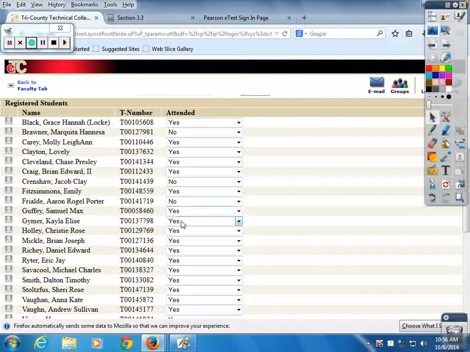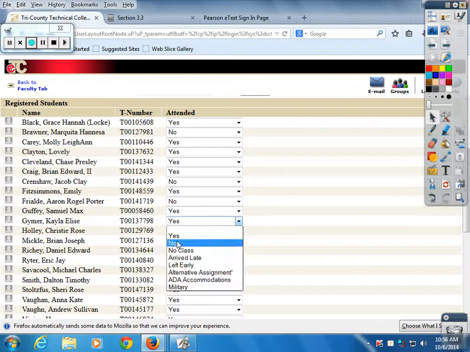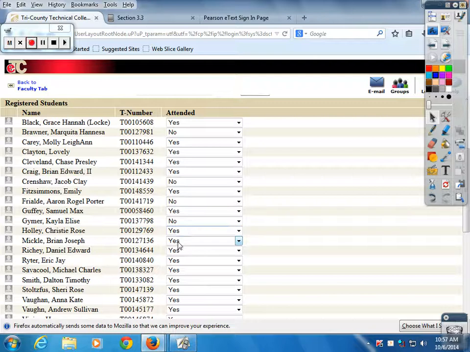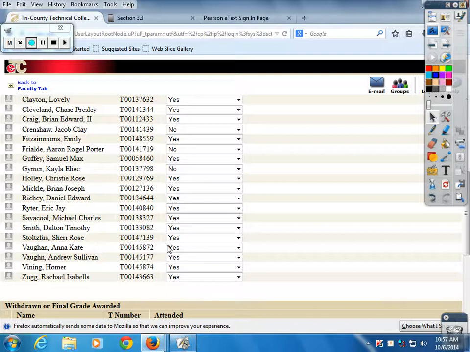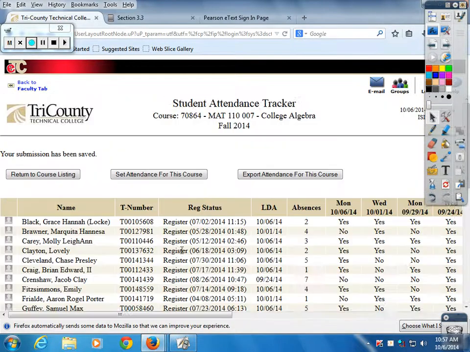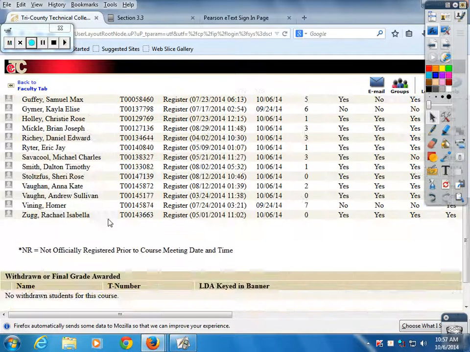That was real good on that sociology project. I thought that was cool. Geimer is not here. Holly is here. Richie is here. Ryder is here. Sabakul is here. Smith. Here. Yep. Stolfus is here. I'm learning. Both Vaughns are here. Vining. Not here. And Miss Love is here. Oh, there's a couple of names I don't have. Hopefully by the end of the semester I'll have y'all learned. I'm terrible with names. You just don't know.